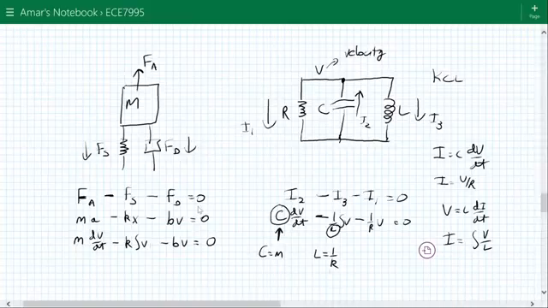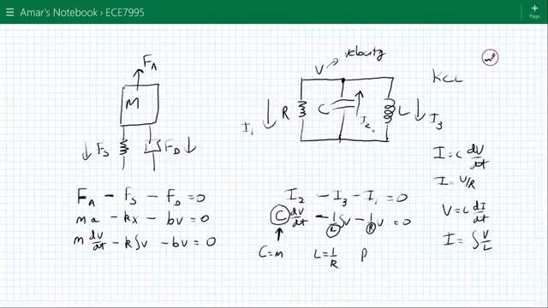And the resistance, in order to make this match up with negative B times V, is equal to 1 over B, and B is the damping coefficient. So this circuit really does model the same thing as a mechanical system.